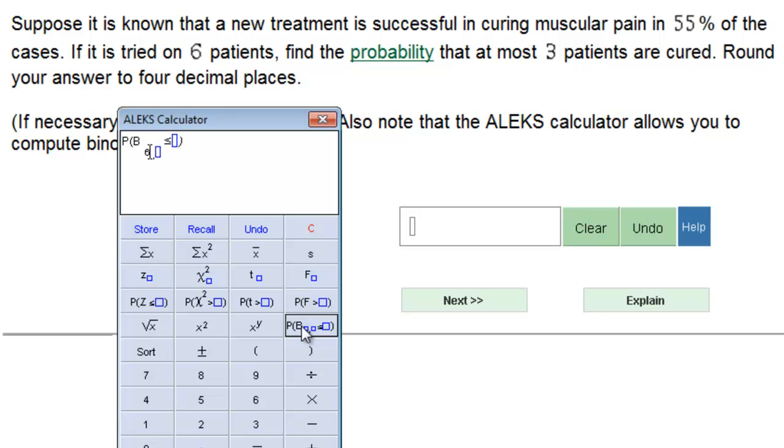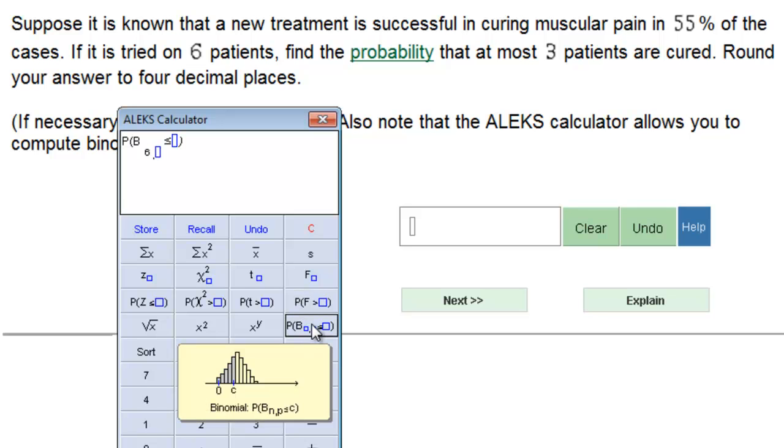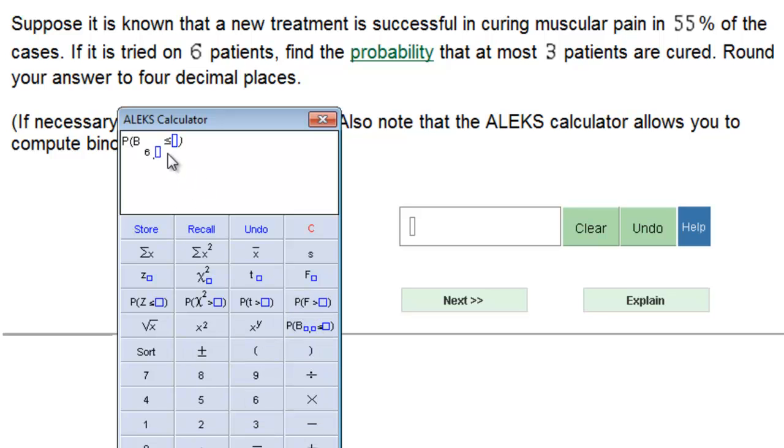And the next box is for P. P is the probability of success, so cures in 55%, so 0.55 goes in that box. And we want to know the probability that at most 3 patients are cured, so that's less than or equal to 3. So the last box gets less than or equal to 3, and we get equals.